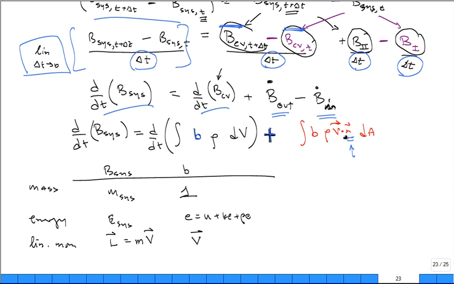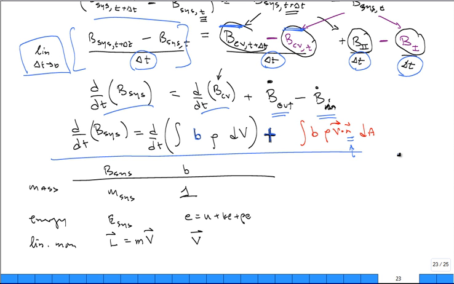I'm so thankful that half the textbooks don't have n pointed out and half of them have n pointed in. It's pretty consistent out there. I've not found any book or any paper that has n inward pointed. Okay, they're all outward pointed, which is great. So that's a plus. And now we have the Reynolds transport theorem equation.